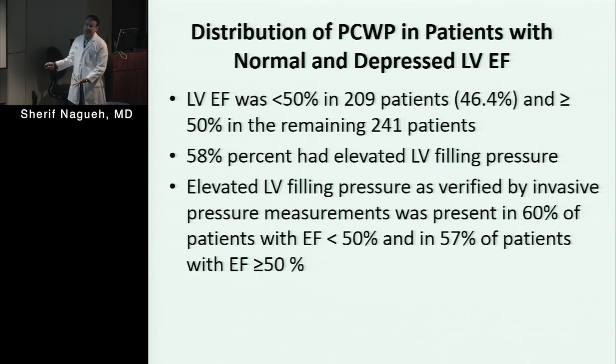Conversely, 40% did not. And in patients with EF of at least 50%, close to 60% of them also had elevated filling pressures. So if you were waiting for EF to tell you what the pressures are, you would be mischaracterizing 40% in one group and 40-plus percent in another group.